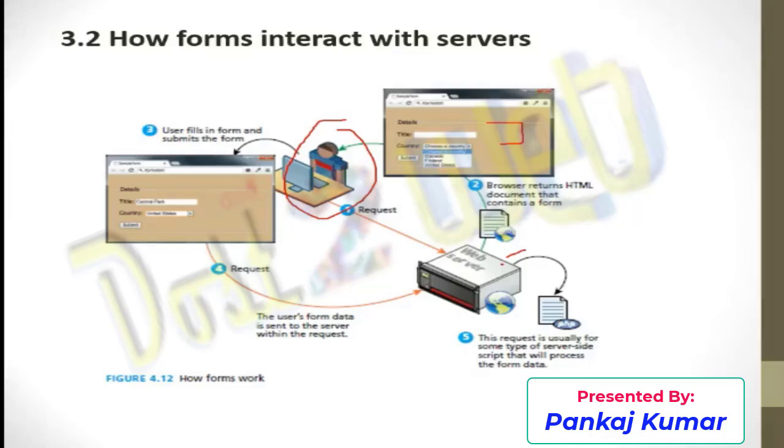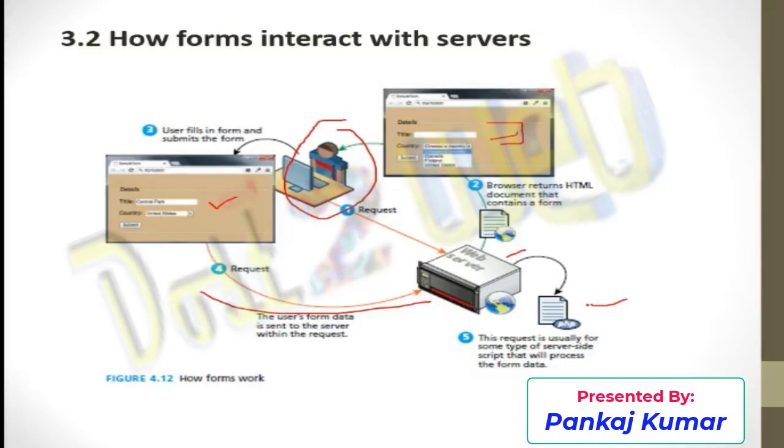And the moment data is submitted, when you want the data to be called, again you give the request and the data will appear. Otherwise, it won't. So this is the general process. You give the request, the server will fetch the data. First it will display what data you want. Then you are going to fill the form, so you are filling the form and submitting it. So the third step, again in the PHP, if you have the code, the user can see what data has been submitted, and that can also be displayed here.